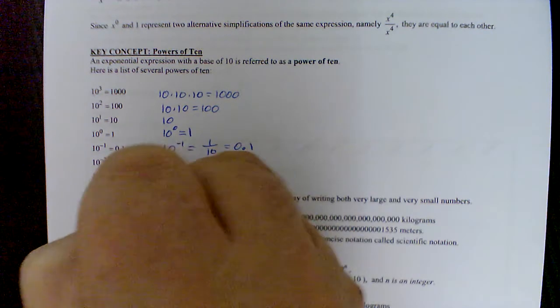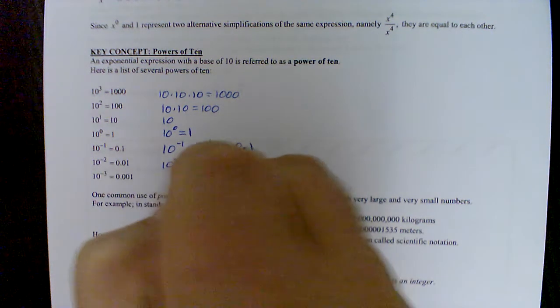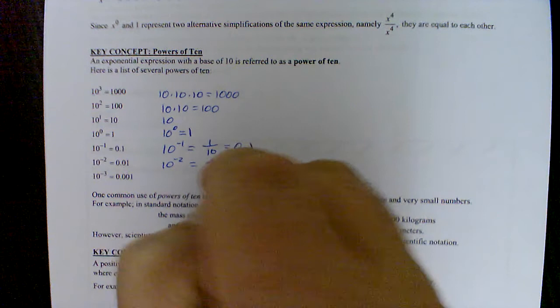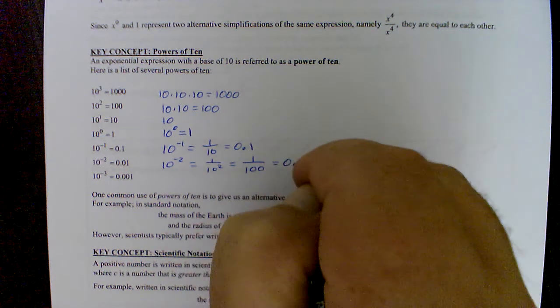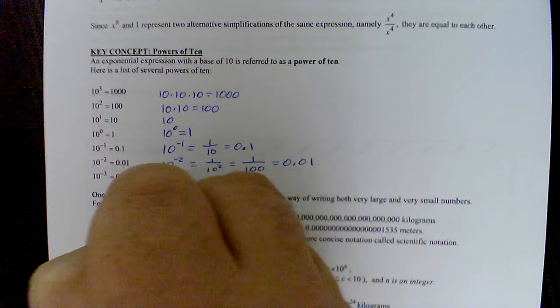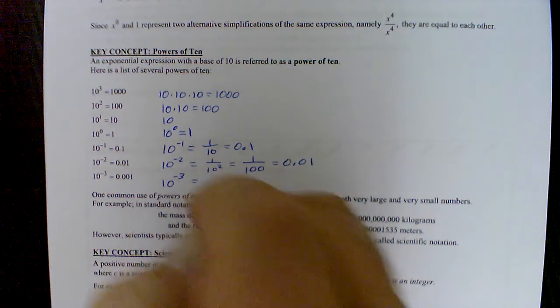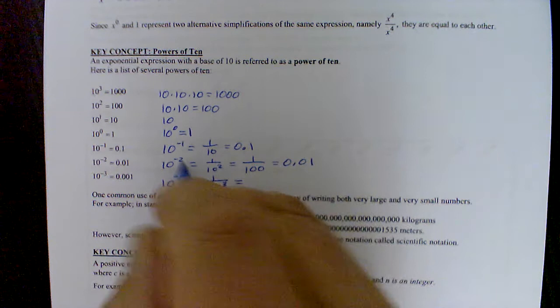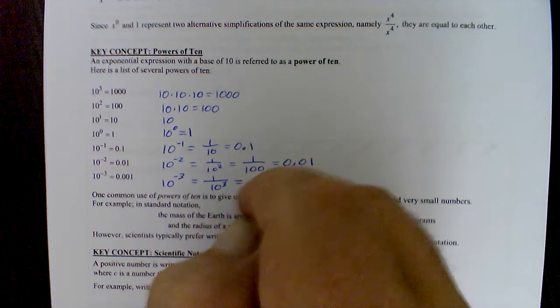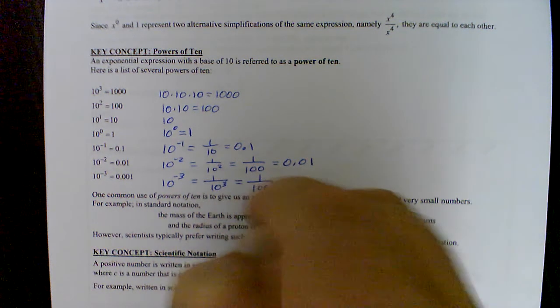And 10 to the negative 2nd is 1 over 10 squared, which is 1 over 100, or 0.01. And 10 to the negative 3rd is 1 over 10 cubed. Remember the shift to get rid of the negative exponent, which is 1 over 1,000, which is 0.001.